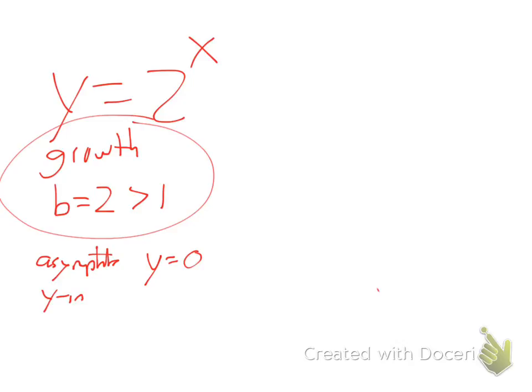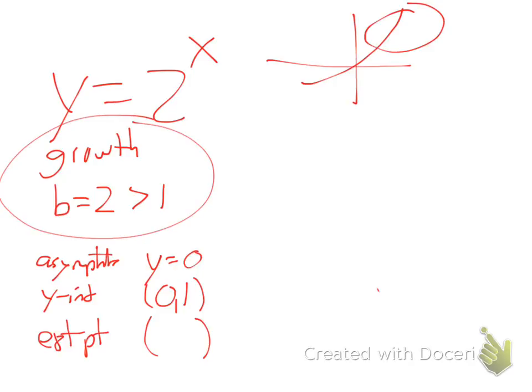We had a y-intercept, which was (0, 1), and I have an extra point. And the extra point, because we established it's growth, I want to find the tail, right? Therefore, I'm going to put a 1 in.